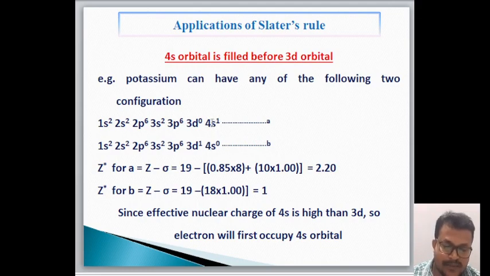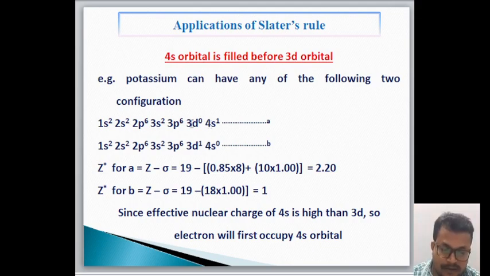Now we will see whether that last electron will fill up in this 4s orbital or in the 3d orbital. For that, we first calculate the effective nuclear charge for the 4s orbital. So here 19 is the atomic number of potassium, minus the screening constant. We are finding the effective nuclear charge for this 4s electron. In the 4s orbital only one electron is present, so the contribution from this group will be 0.